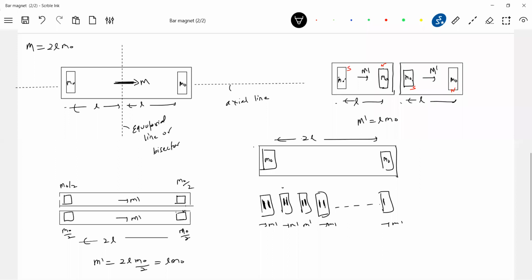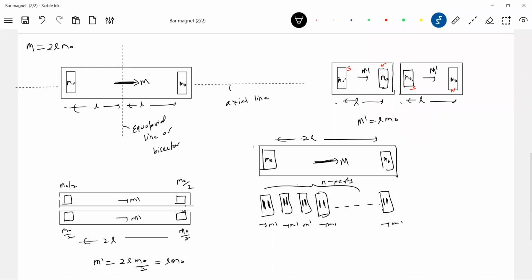What are these two black lines? They are the pole strength. It will be the south and north pole. So what has decreased? The magnetic length has decreased. I'll cut that into n parts. What shall I write for m dash of an individual bar magnet?